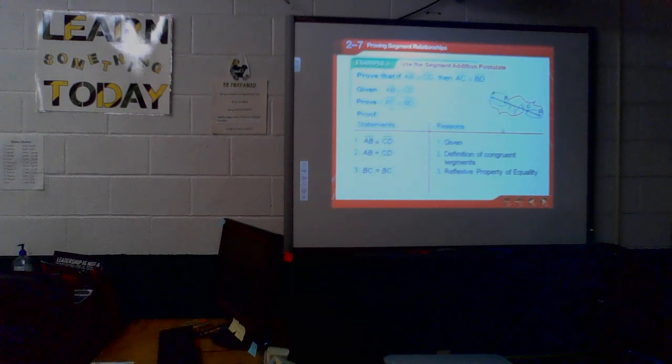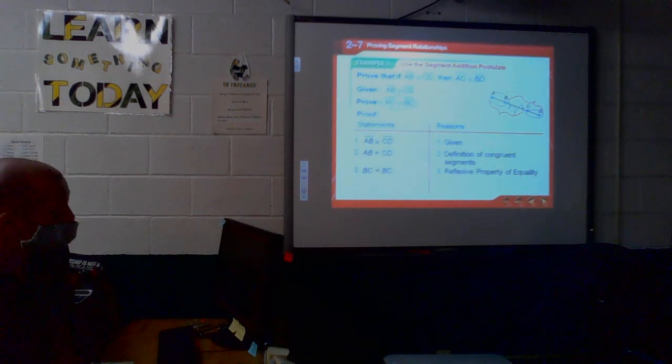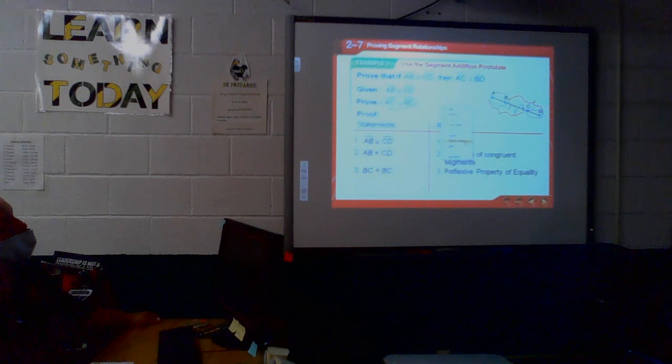So now, we introduced postulate 2.9, which was segment addition. What's your segment addition for the first part? Meaning, what would I write for segment addition for that right there? AB plus BC, right?